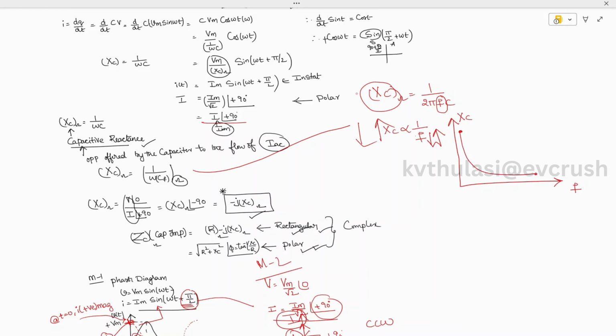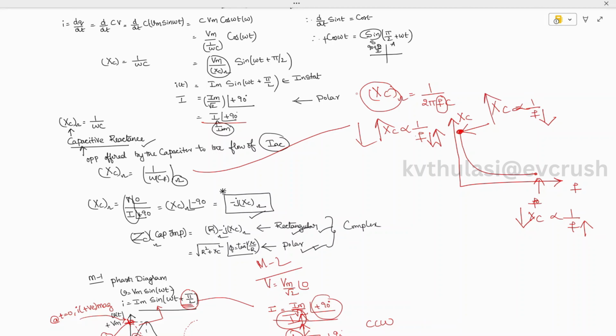Okay, so here we have XC is equal to 1 by f. Here we have high frequency, therefore XC is lower. At this point XC is equal to 1 by f, we have lower frequency, therefore we have higher reactance at this point.